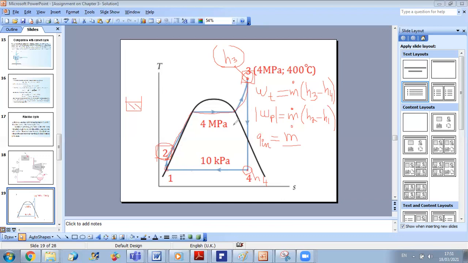It's a moving fluid. Okay, so Qn can be computed as m dot times H at outlet minus H inlet. So it's m dot (H3 minus H2). Okay.